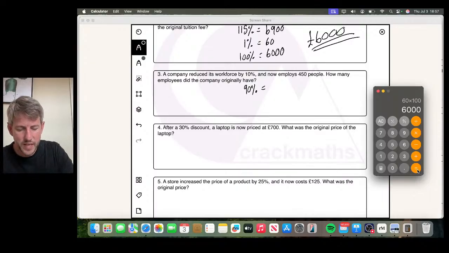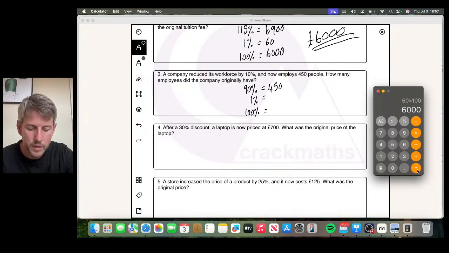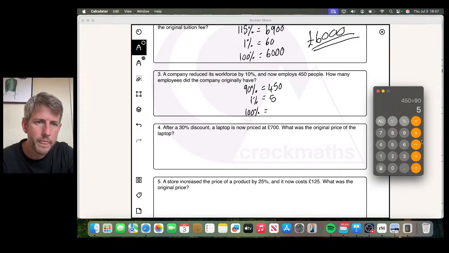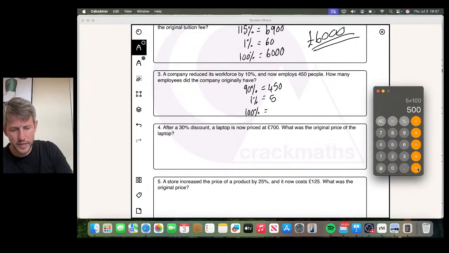So 90% is equal to 450 people. We can then find 1% and then we can find 100%. Okay, so 450 divided by 90 equals 5. So 1% was 5. And then if we times this by 100, that's going to be 500. So originally they had 500 people.